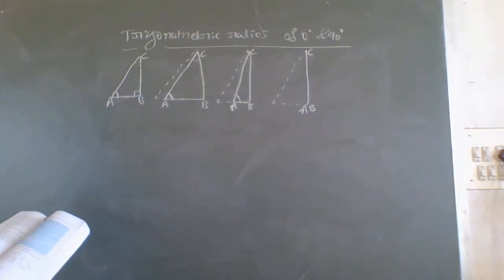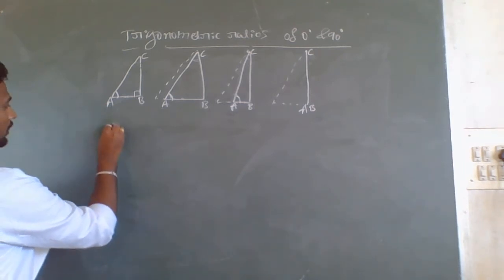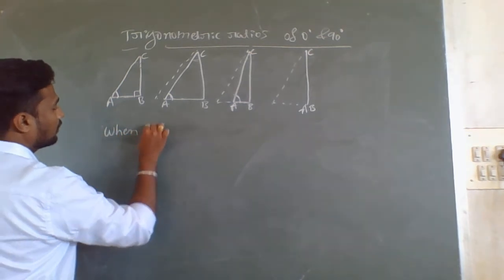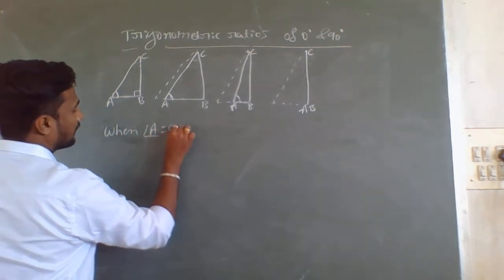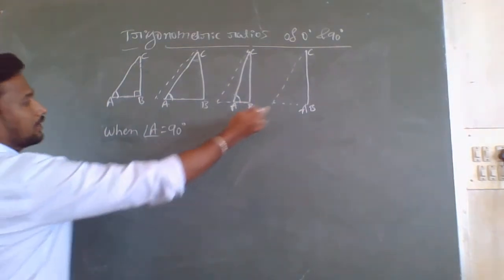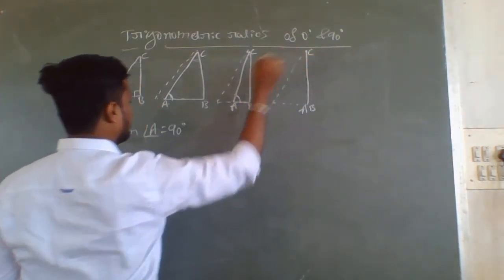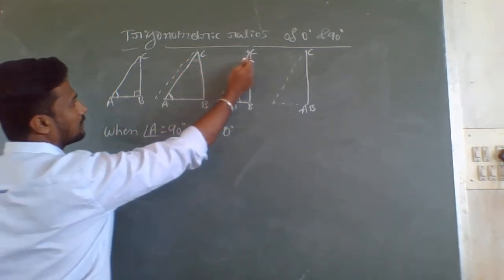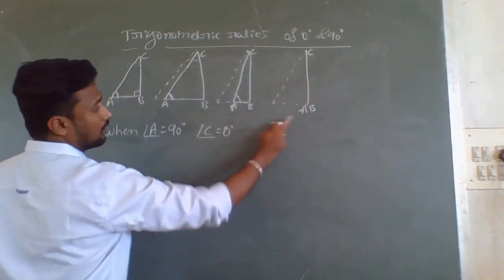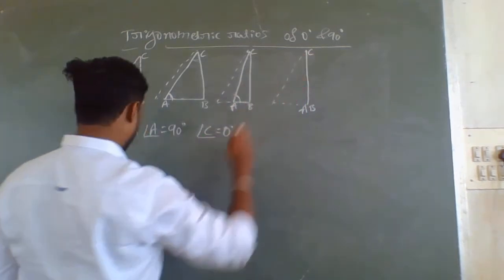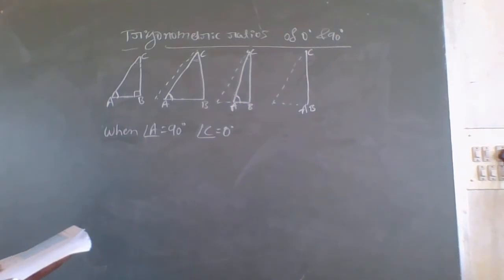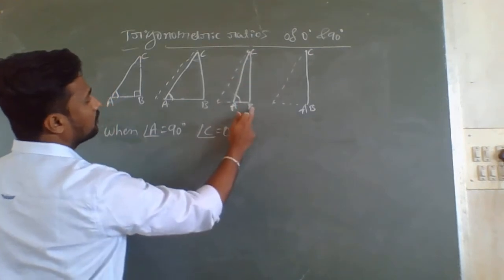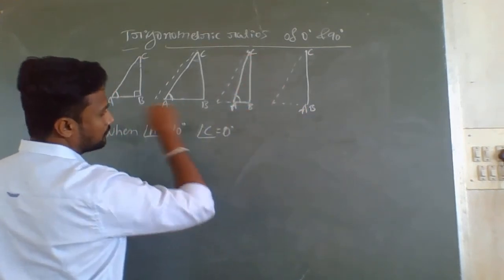Okay. So now I will write, when angle A is 90 degree, angle C is 0 degree. Here this angle C is reducing, and finally when angle A is 90 degree, angle C becomes 0 degree. Here this side AC equals BC.